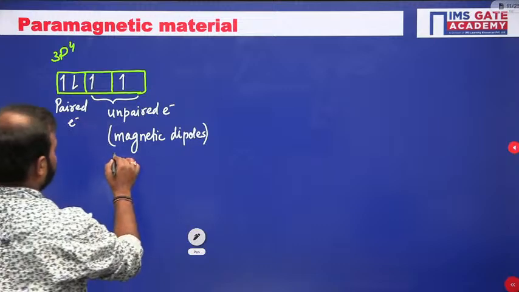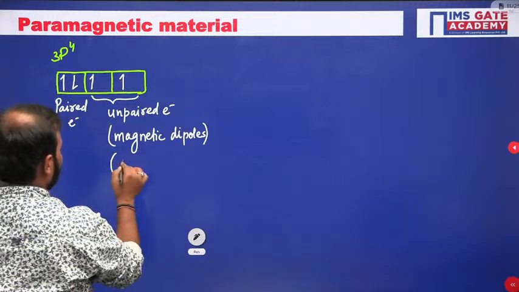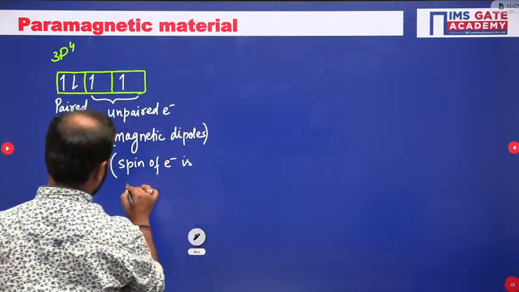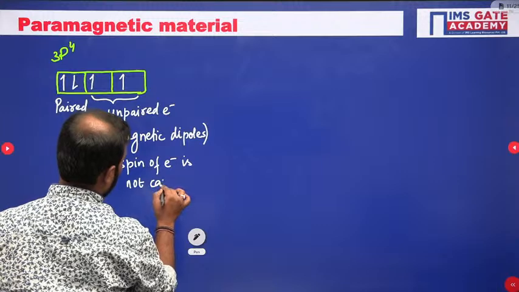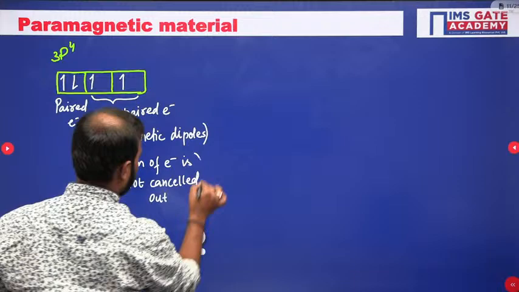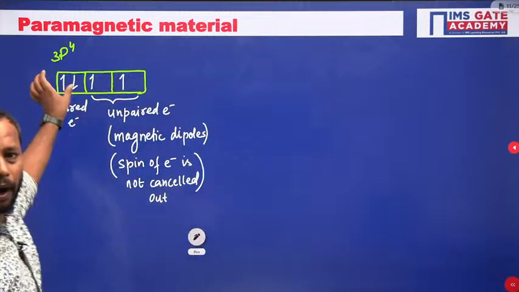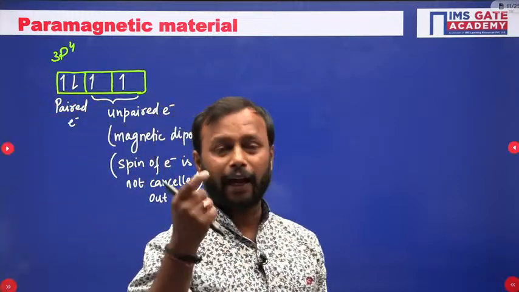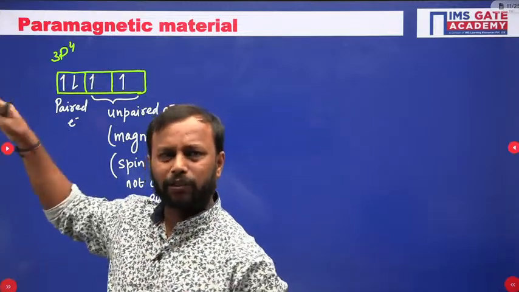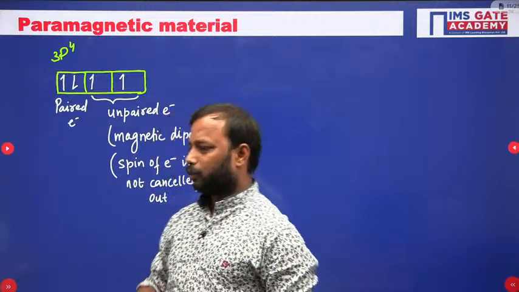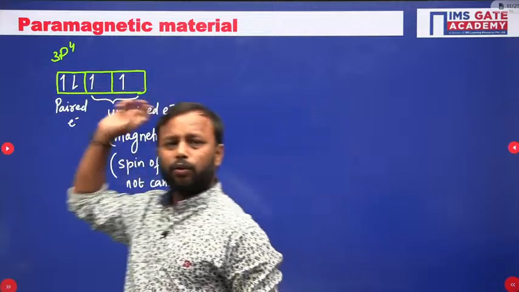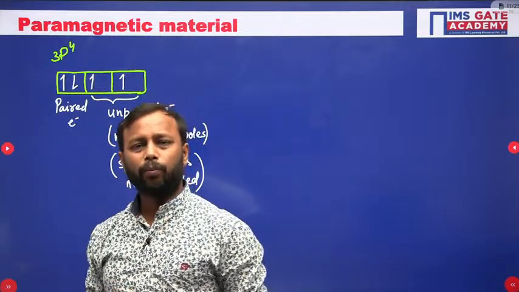Because the spinning of the electron is not cancelled out. In the first part your spinning is cancelled out, so because of that dipoles are not going to happen. Like you can treat north and south just in layman's terms. So it is going to be cancelled out, but because of these two which are not cancelling out, the dipole is going to be created.